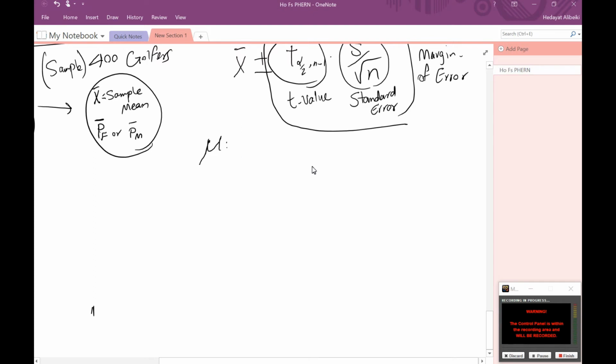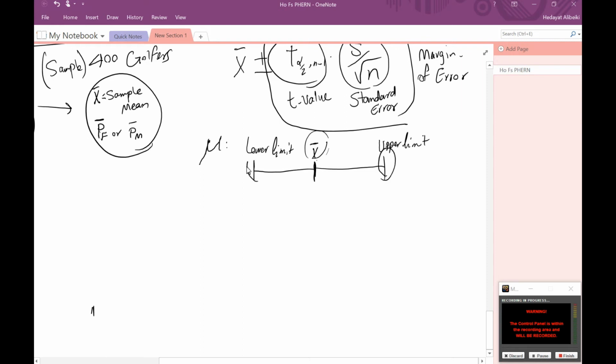So our estimation would be x bar in the middle, and then we add margin of error to x bar, and that would be our upper limit. We subtract margin of error from x bar, and that would be our lower limit.